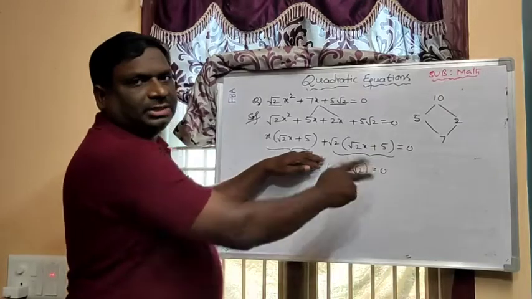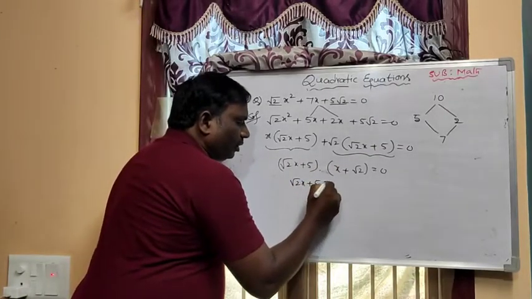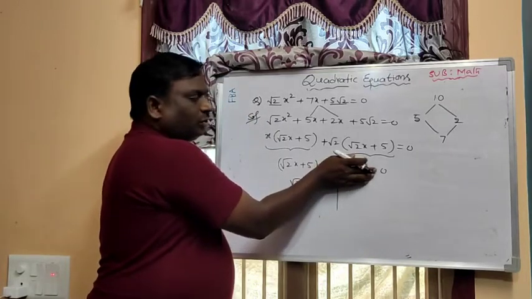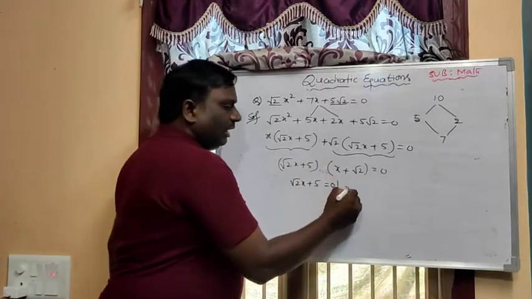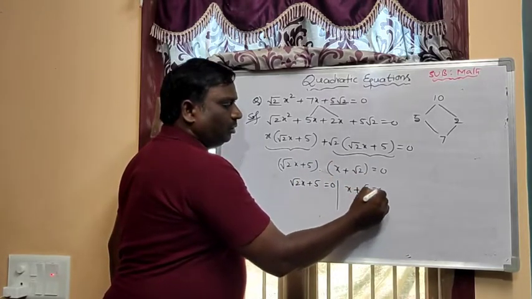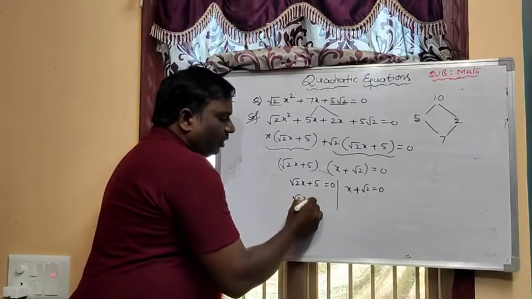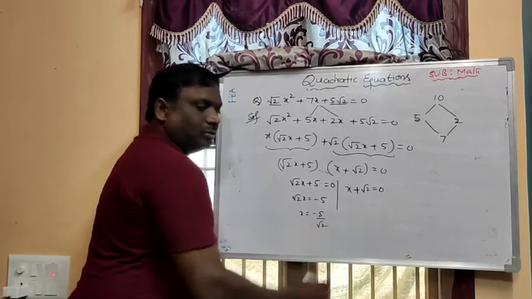So 0 by anything is 0. Then root 2x plus 5 equal to 0, one case. And if you want to find this one, close this one, and take this one to the other side. 0 by this value is 0. Then x plus root 2 equal to 0. These two cases we will get. So root 2x equal to minus 5, x equal to minus 5 by root 2.